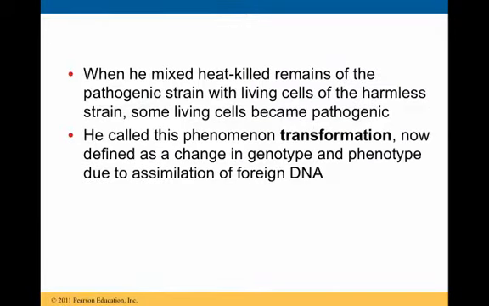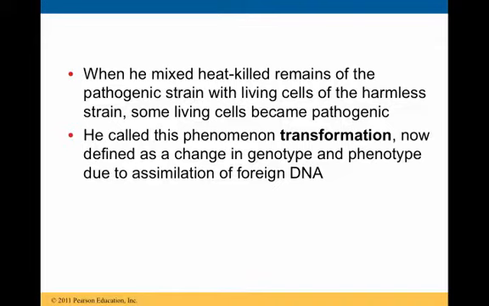What Griffith did was he mixed remains of the pathogenic strain, so he boiled it, heated it somehow, and he mixed the remains of that heated pathogenic strain with living cells of the harmless strain. And what he figured out was that when he did that, those living cells that had been harmless became pathogenic.